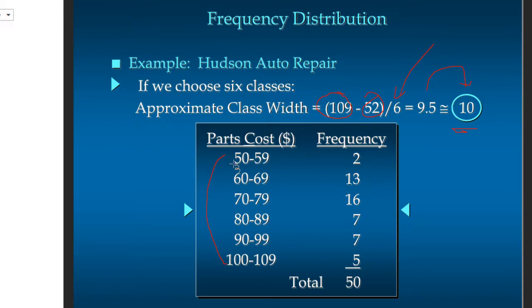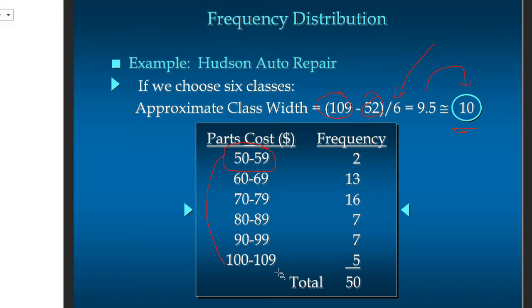10 numbers starting from 50. So 50, 51, 52, 53, all the way up to 59. In that class, if you count it, you actually have 10 different numbers here, right? And because you finished at 59, the next class will start at 60 and go up to 69, and so forth.